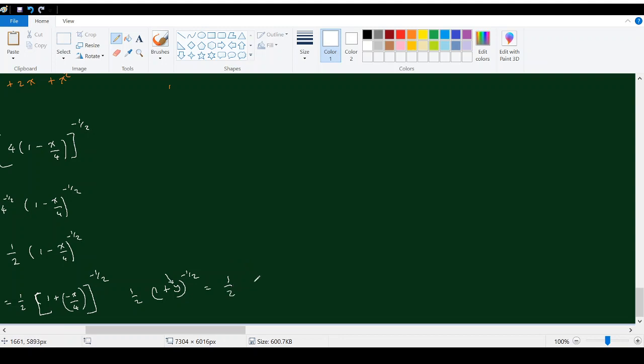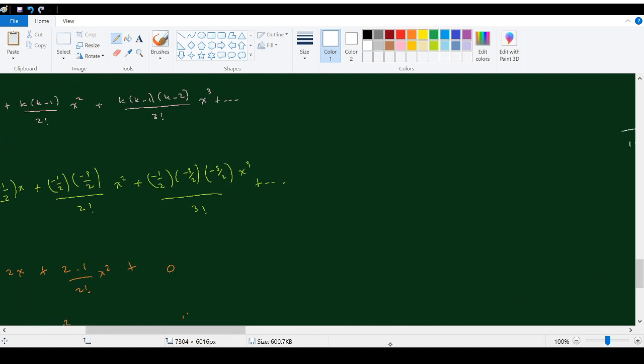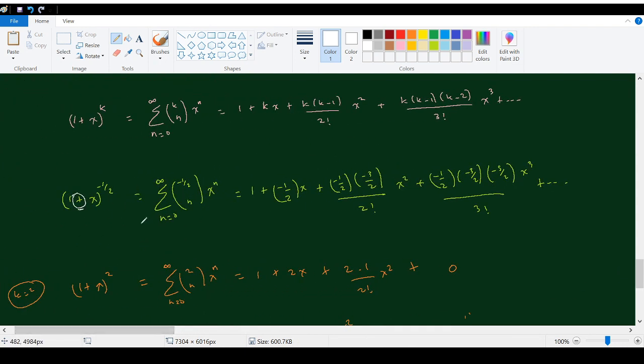So what you will have is negative half times negative x over 4 plus negative half times negative 3 over 2, over 2 factorial, times (negative x over 4) to the power 2, and likewise you can rewrite this one by replacing this term with negative x over 4.